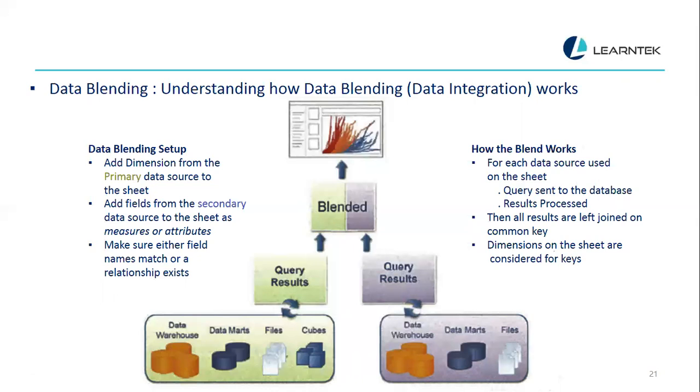By clicking on the broken link, it will establish a link between both the primary and secondary data sources. This broken link will appear automatically if field names are the same.